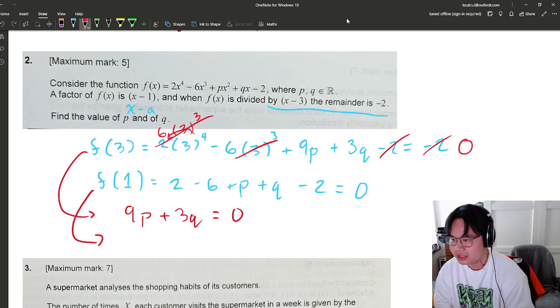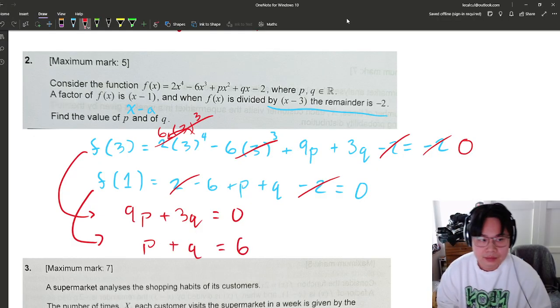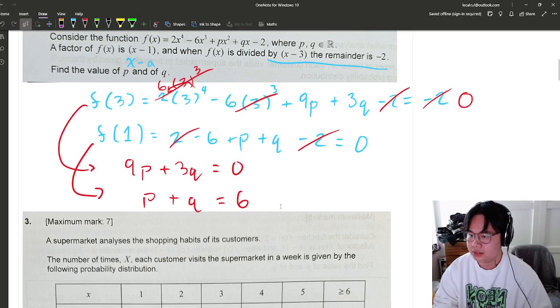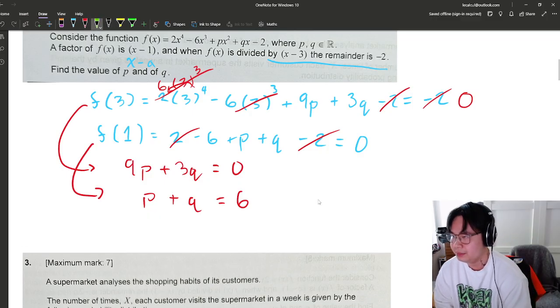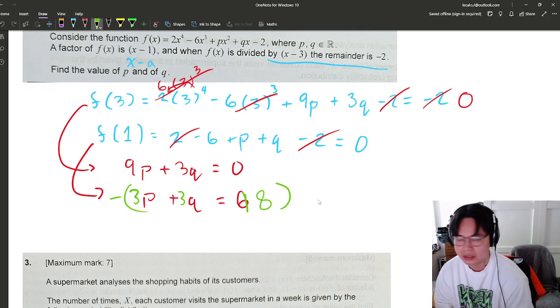Our second equation, these cancel, and then I'll move the 6 over. p plus q equals 6. Okay, and then this is fairly simple to do an elimination. So I'm going to multiply everything by 3, subtract the second equation from the first. So I get what? 6p is equal to negative 18.